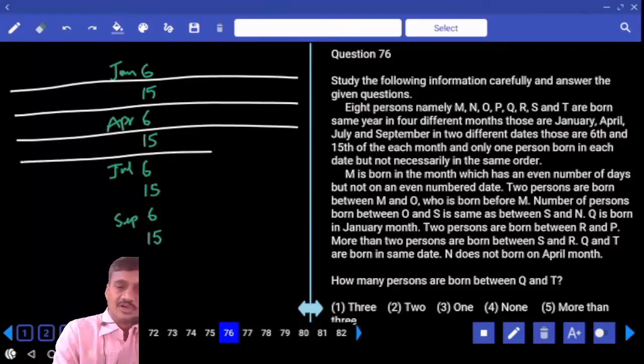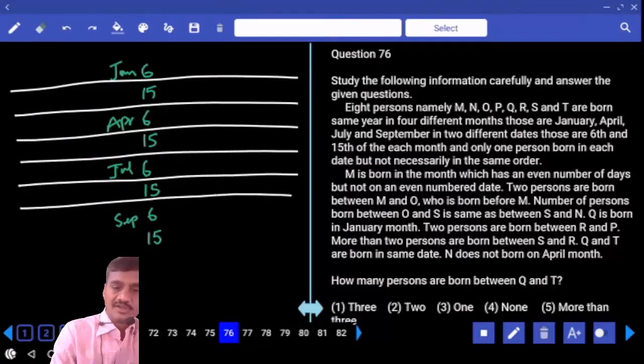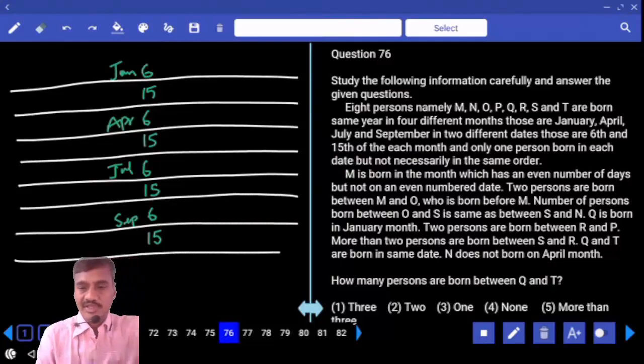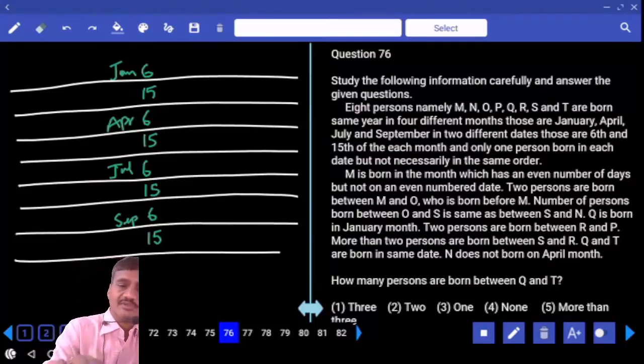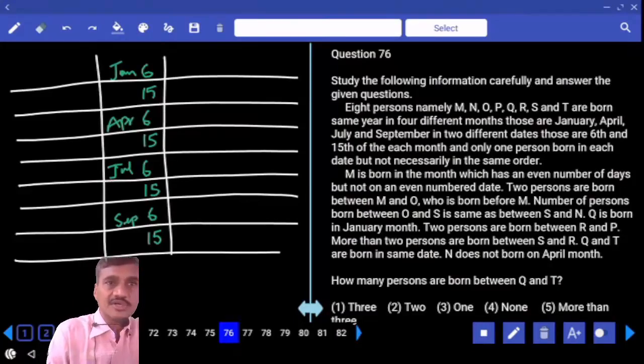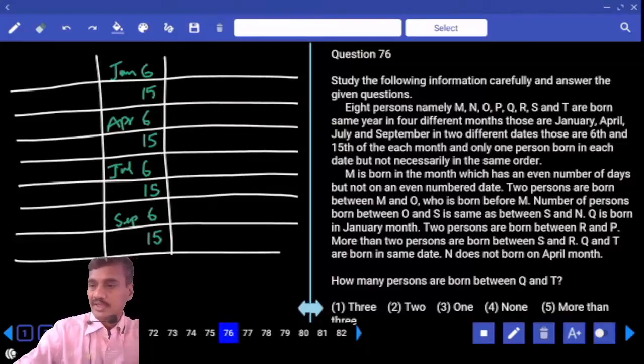Now M is born on an even number of days, meaning M must be born either in April or in September, because out of these 4 months, April and September have 30 days and the remaining 2 months have 31 days.